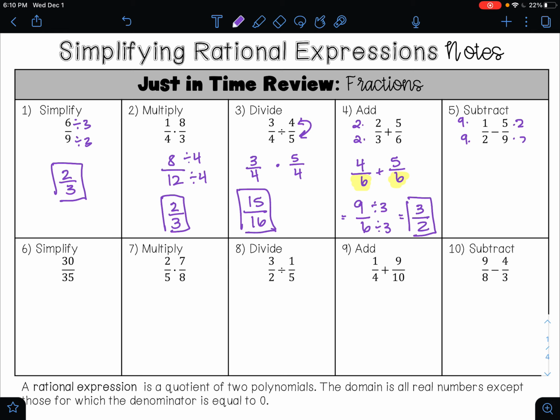So 9 times 1 is 9, and 2 times 9 is 18. 5 times 2 is 10, and 9 times 2 is 18. Now that I have a common denominator, I can subtract my numerators. 9 minus 10 is -1, and that's going to be over 18.